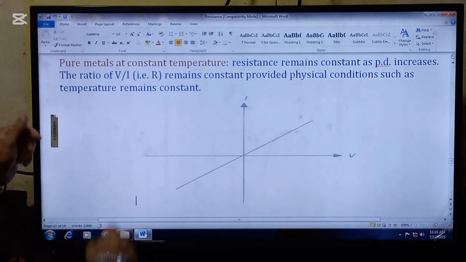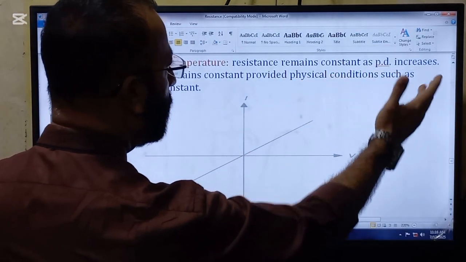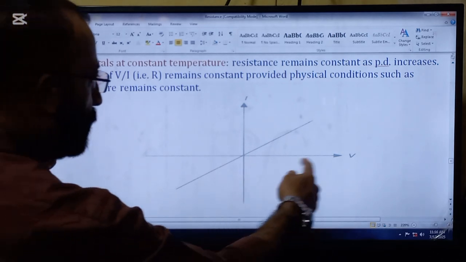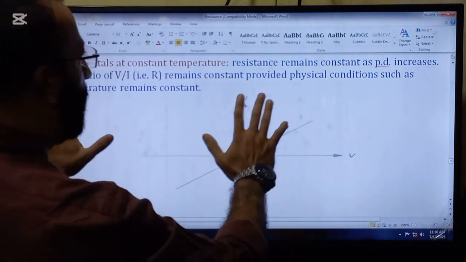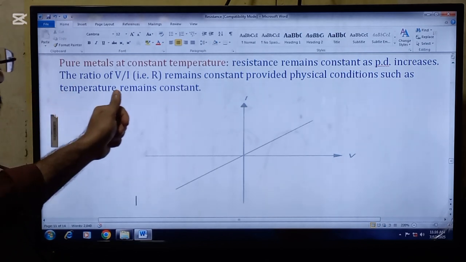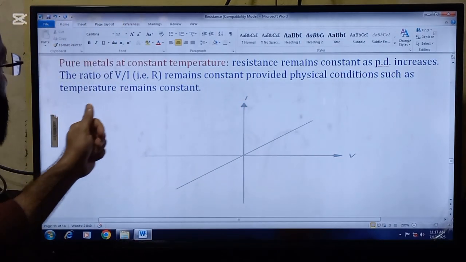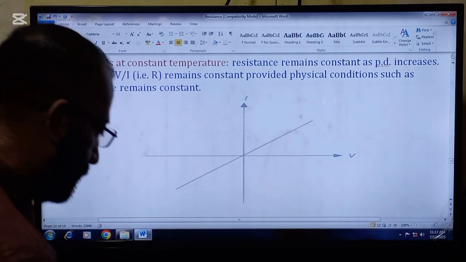So look now, potential difference is increasing, but resistance remains constant. The ratio of V over I remains constant provided physical conditions such as temperature remain constant.